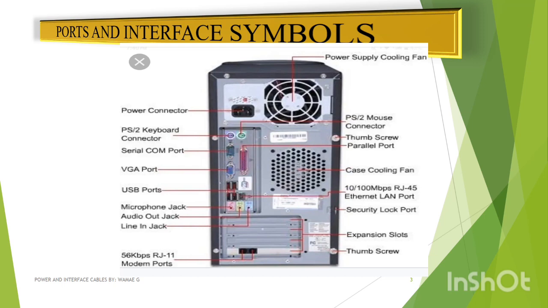The serial COM port is where we connect the serial cable. The VGA port is where we connect the VGA cable. We also have the USB ports, where we fix assorted cables. We can fix the mouse, the keyboard, even speakers, and so many other things.